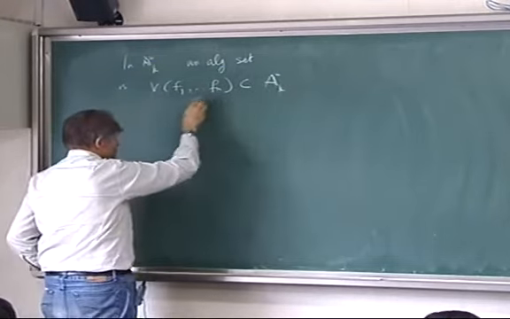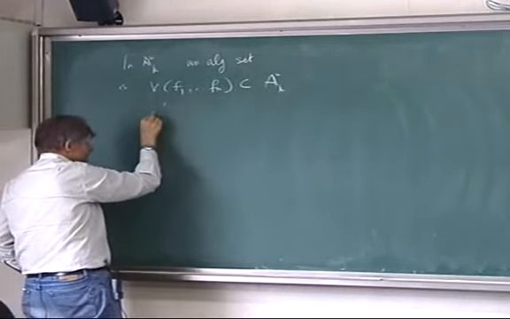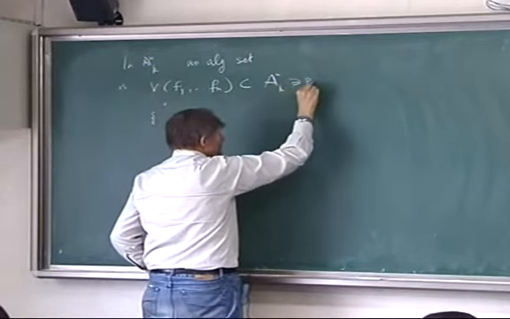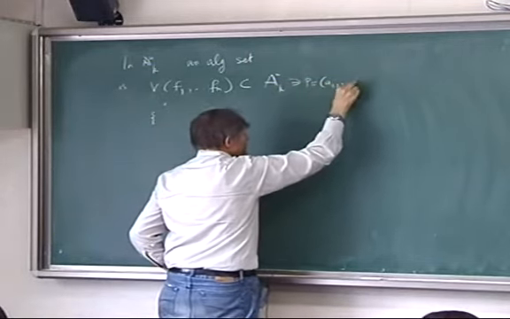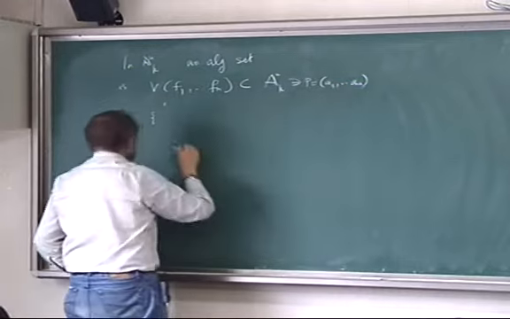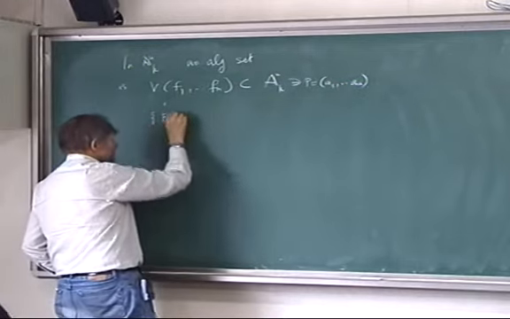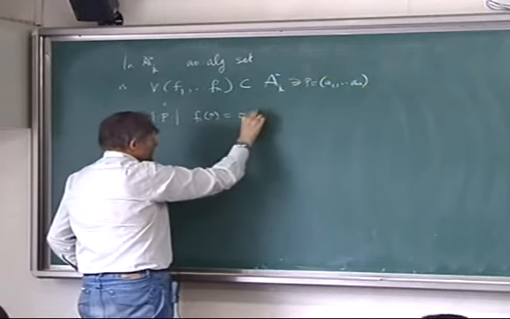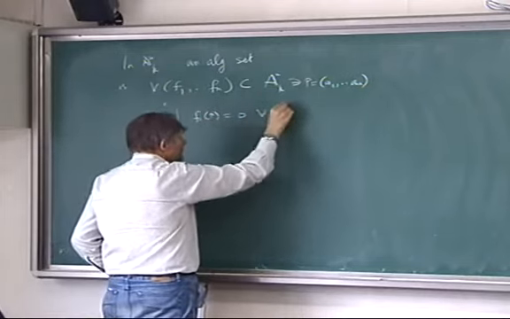This means the set of tuples, so a point in here is called P = (a1, ..., an). It's the set of P such that fi(P) = 0 for all i.